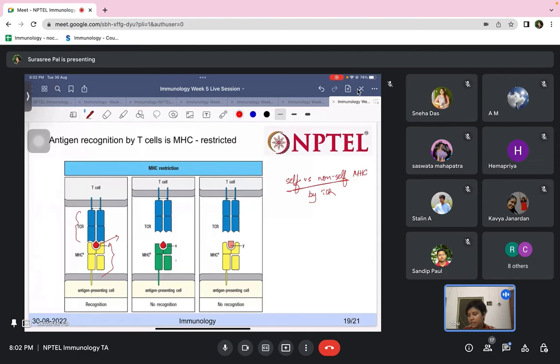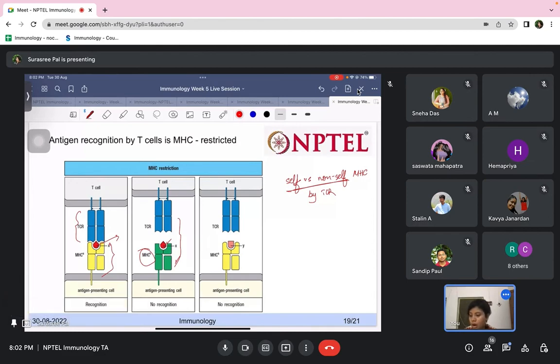So here you can see that this is MHC B. When it binds to the X peptide, the T cell does not recognize it. The TCR cannot recognize this other MHC-bound antigenic peptide, and this is an intrinsic property of the TCR, that it can recognize the MHC molecules.